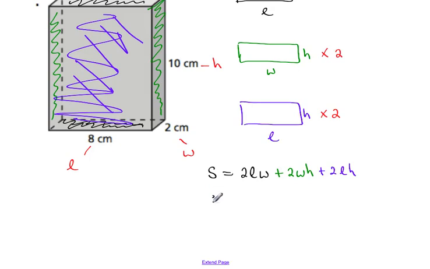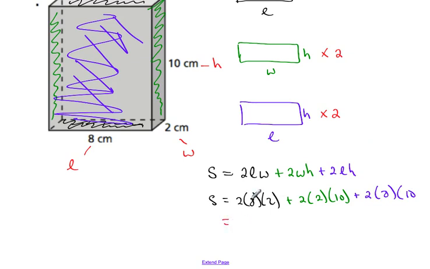Let's substitute in. S equals 2 times 8 times 2 plus 2 times 2 times 10, and lastly plus 2 times 8 times 10.